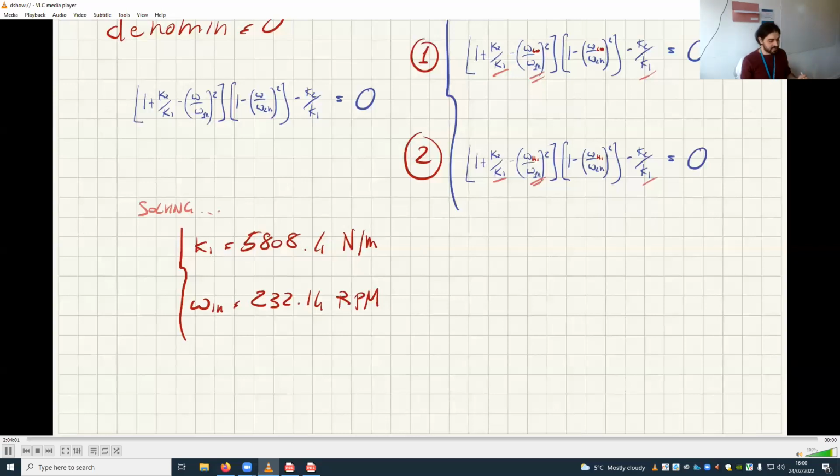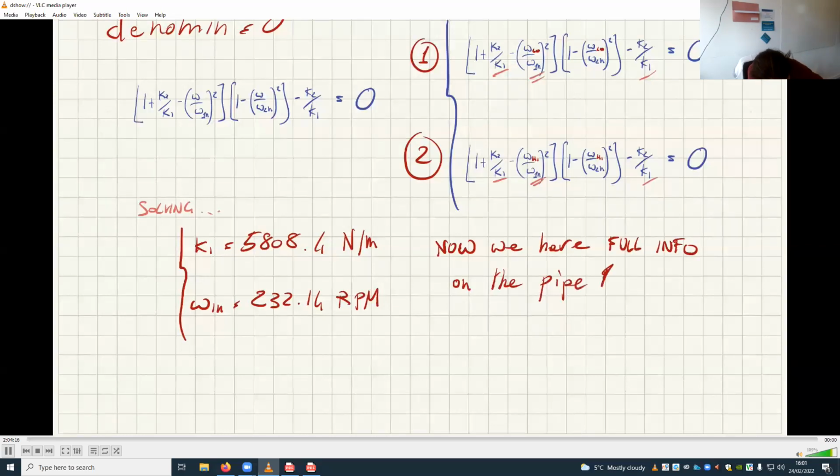All right, now that we have full information on the pipe, the unknowns change.